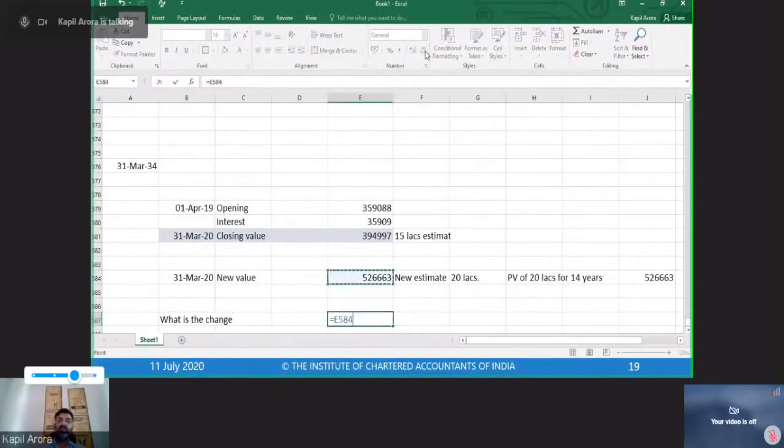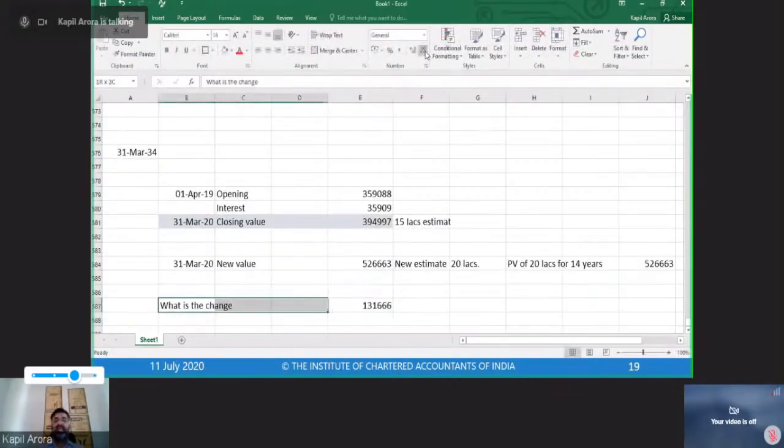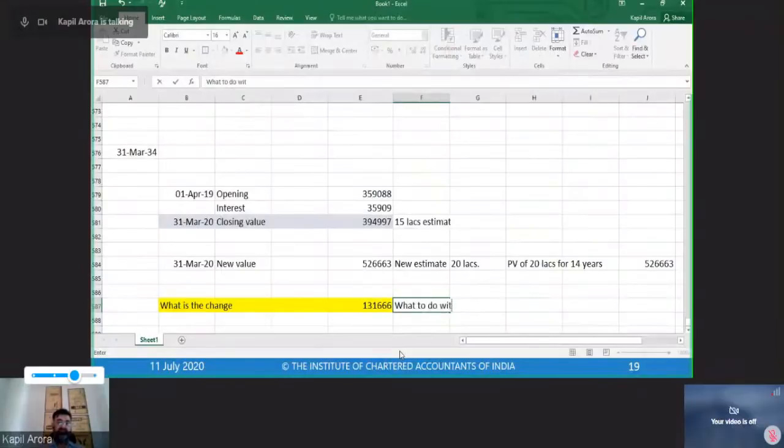Change is the new value minus the old value. So 1,31,666 is actually the change in the value of provision. In value of provision, what to do with this?